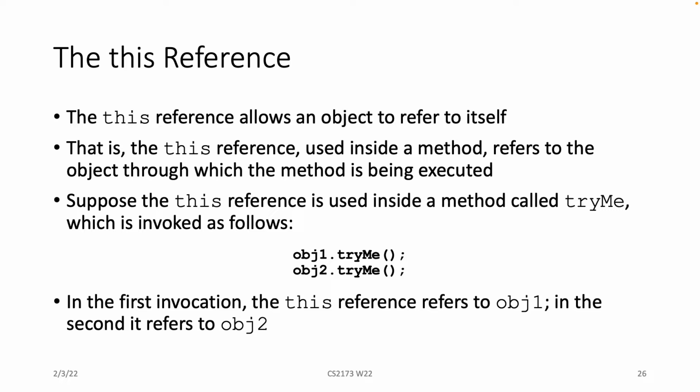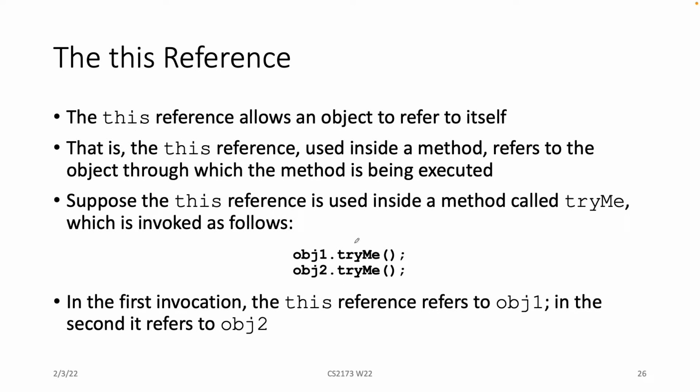The reference to all instance methods is the object dot method. So if I'm inside the class and I'm invoking a method, then if I use it without any reference, and without any object, then this is implied.